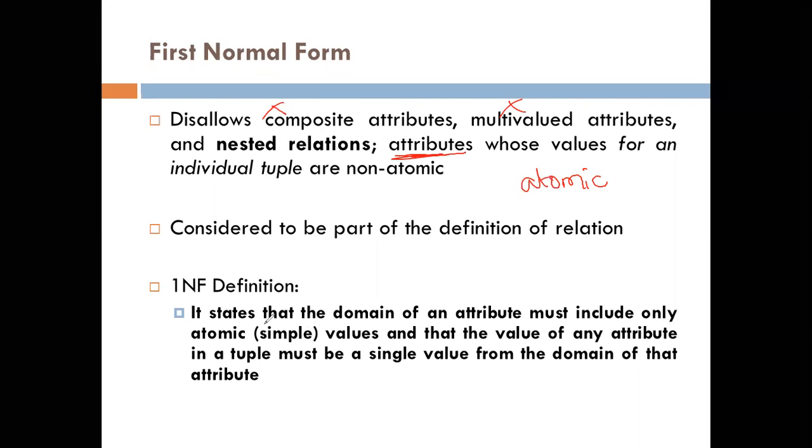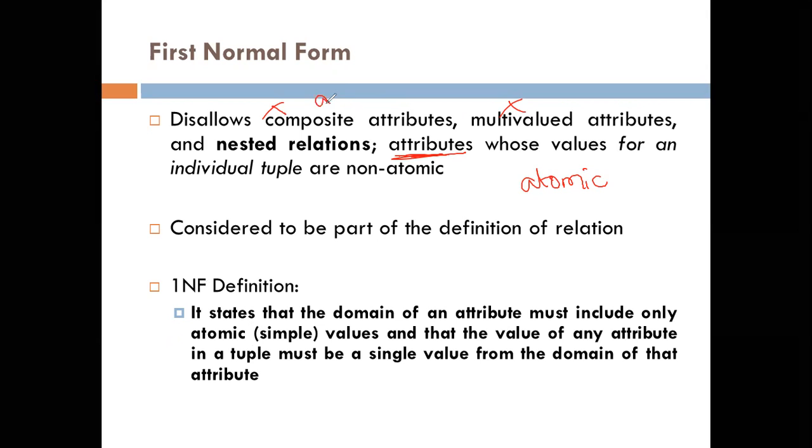If we don't have a composite attribute and we don't have multi-valued attributes, then we will say that the relation or the table is obeying the rules of first normal form. So what are composite attributes? A composite attribute means an attribute that can be further divided.